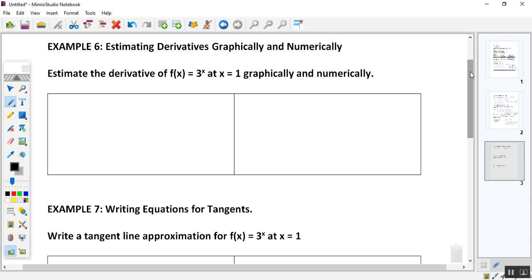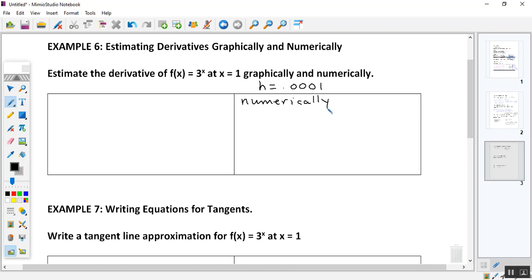Let's do this. What do you want x to equal? 1. X is 1. So how about our h value? What did we say we should probably make it? 0.0001. Okay, watch this. So we'll do the numerical part, and then we'll confirm this graphically when we get to class tomorrow.